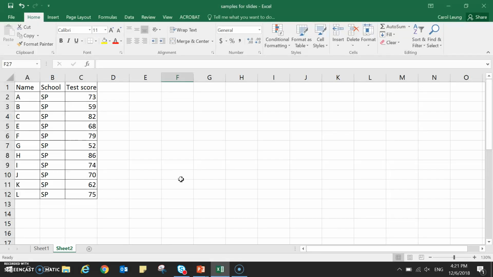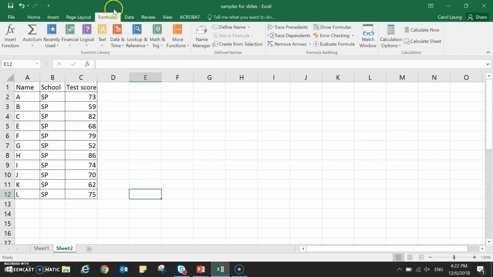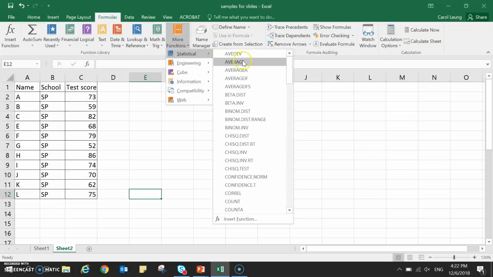Let me show you how to calculate the mean and standard deviation of a set of data. This is an example shown in Excel. To calculate the mean, you have to click on a box that you want your result to fall under. Then you go to Formula, and you can use either the auto sum or insert a specific function, or you can also choose more function and go under statistical.